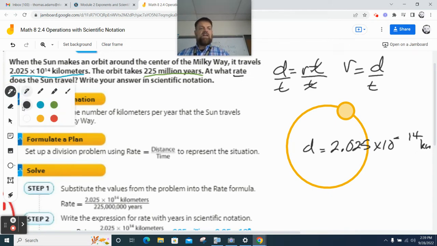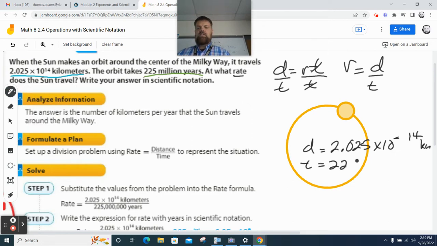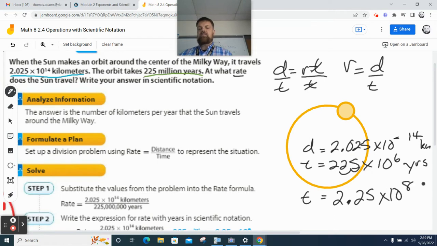And then the time, t, is about 225 times 10 to the 6. Now, you guys might not know this, but whenever we say million, million is the same as 10 to the 6. That means my time should be converted if I move the decimal 2 spaces this way, 2.25 times 10 to the 8th.